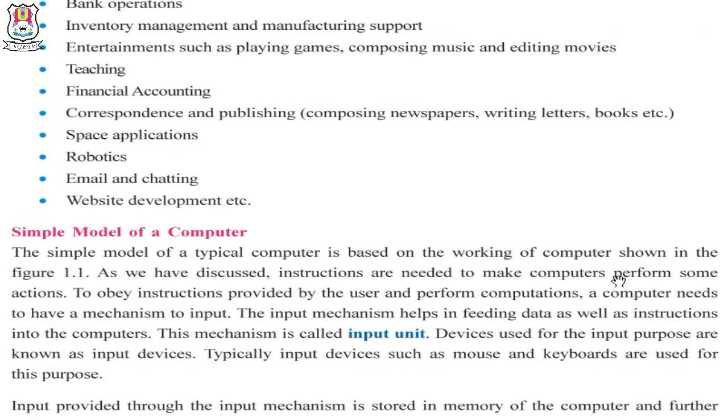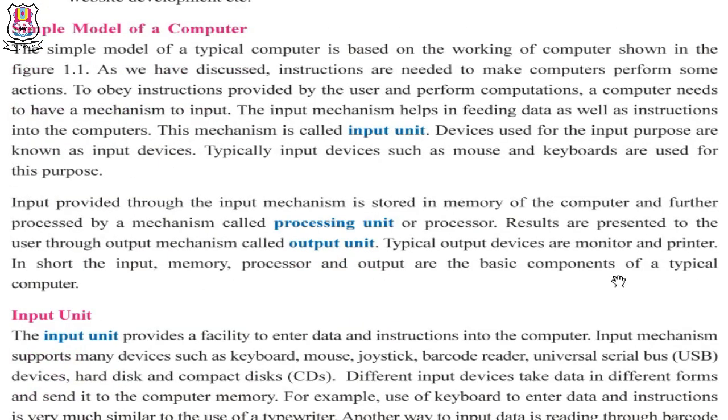Simple model of a computer. The simple model of a computer is based on the working of a computer shown in figure 1.1. As we have discussed, instructions are needed to make computers perform some actions. To obey instructions provided by the user and perform computations, the computer needs to have a mechanism to input.